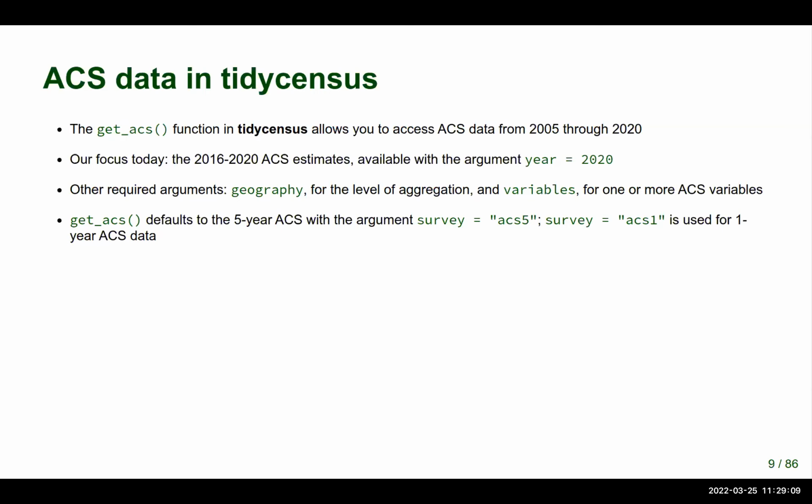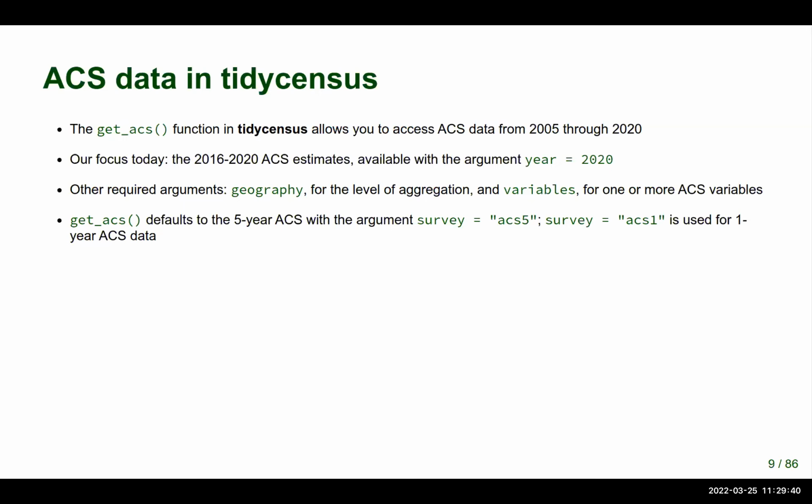So in tidycensus, we use the get_acs function to allow us to access ACS data. You can get ACS data for 2005 through 2020. And so we're focusing today on the 2016 to 2020 ACS estimates. So you'll supply the argument year equals 2020 to get_acs. In the next released version of tidycensus, when I ship it off to CRAN with all the new updates, this will be the default year in get_acs.